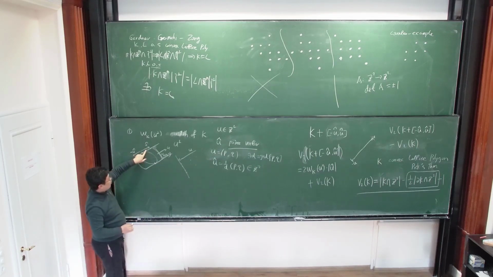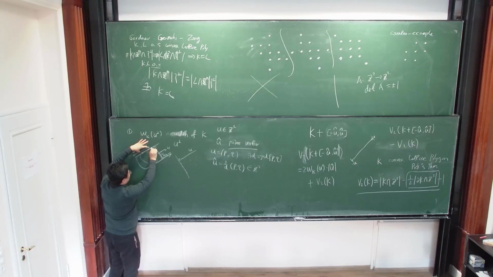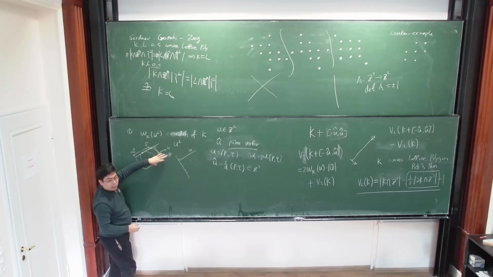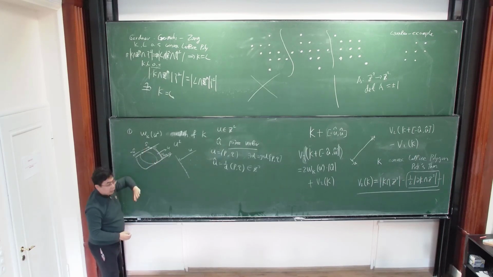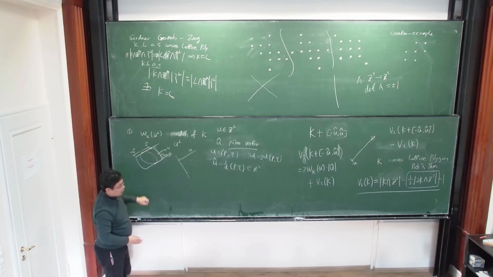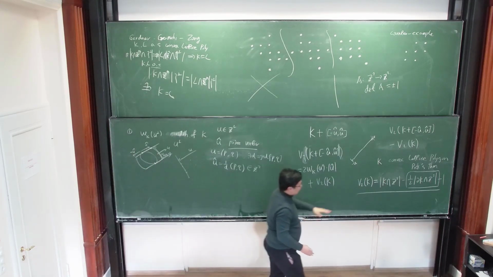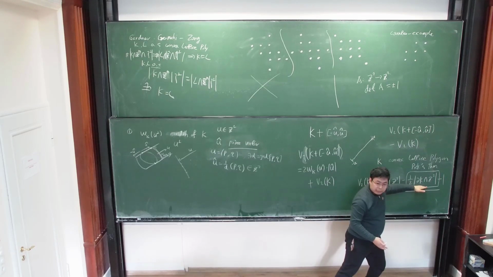If it had some integer point here, it would not be a prime vector. So for this segment you don't have any point inside, and the same here and here. So if you compute the points on the boundary, you are only adding 4 numbers. So the difference between the boundary points will give you 2.